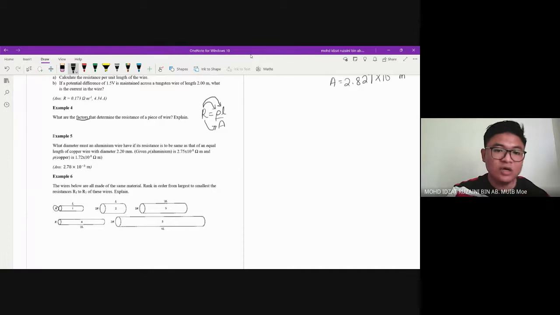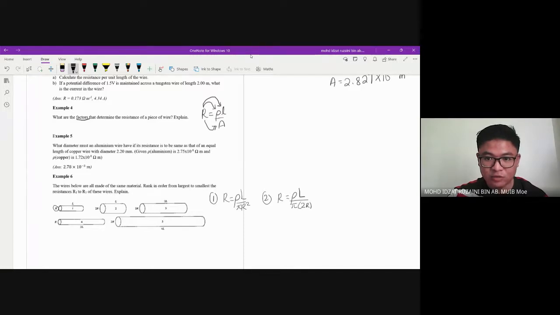Okay, so how to rank the resistance. So simply, you make the equations. For the first one, R equal to rho L over pi R square. For the second one, you do the same: R is equal to rho L over pi 2R square.